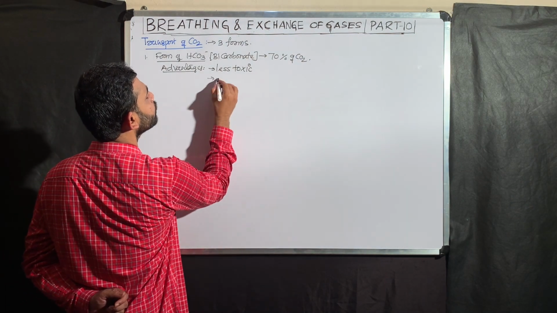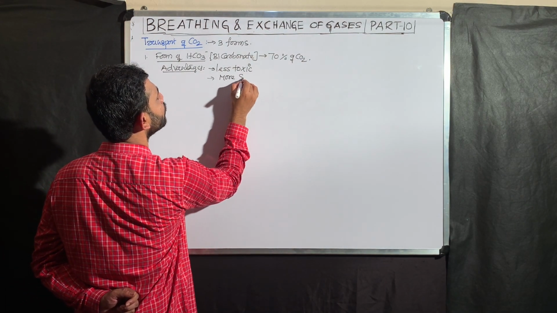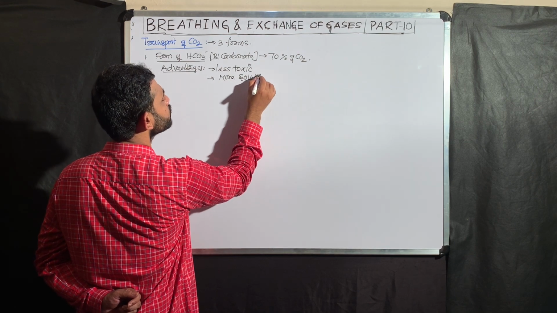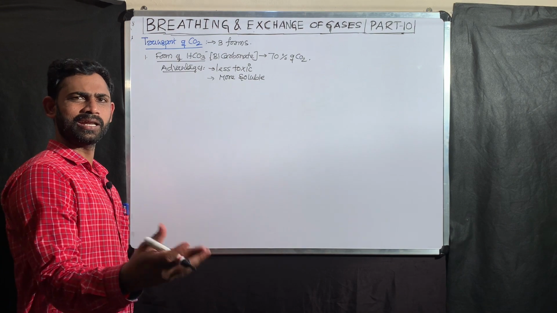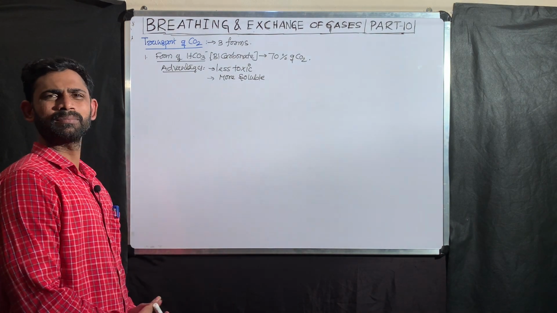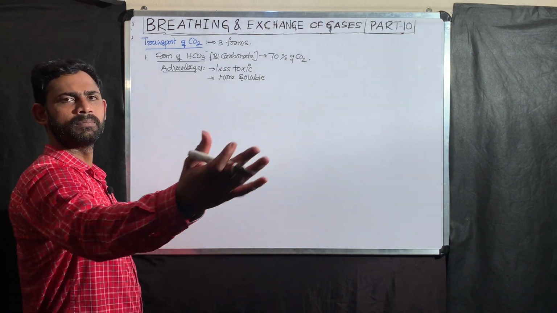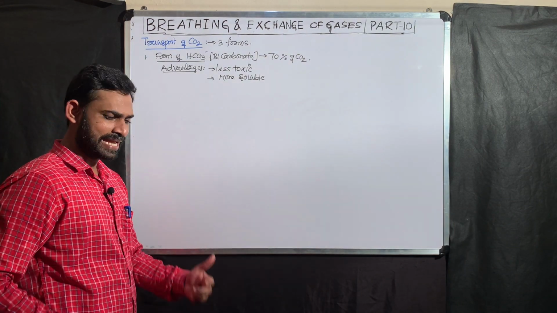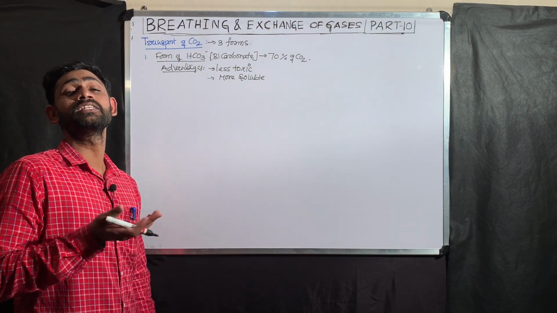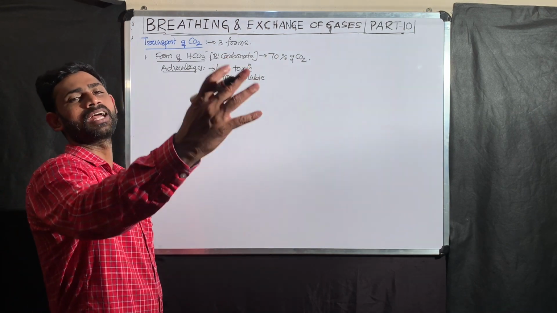Then bicarbonate is more soluble than carbon dioxide. As we know, the greater the solubility, the greater the rate of diffusion. It means carbon dioxide can be easily sent out of the body and transported easily from the different tissues up to the lungs. If it is more soluble, it is easy to transport.